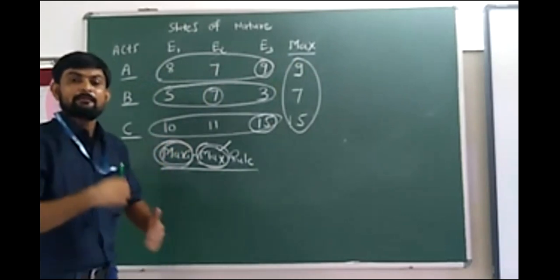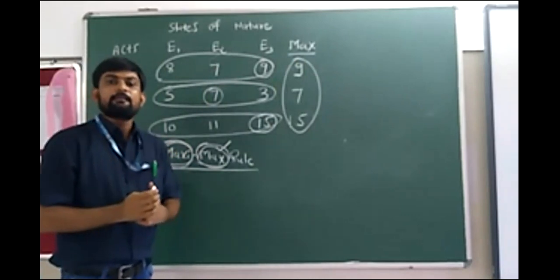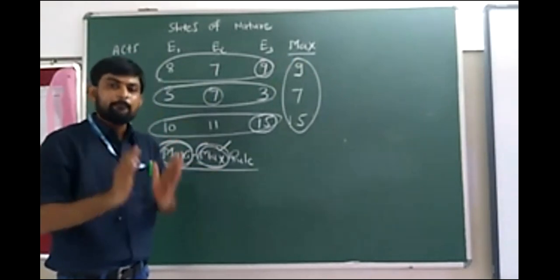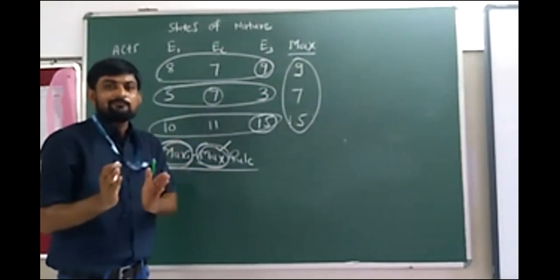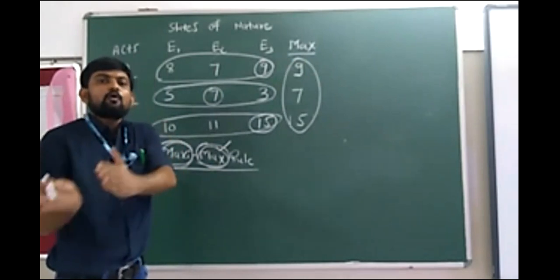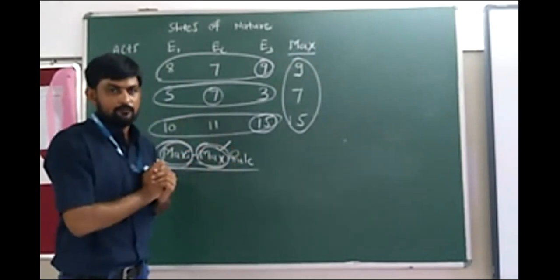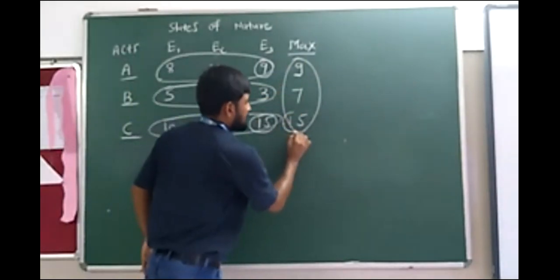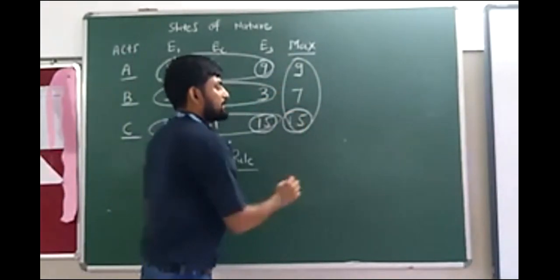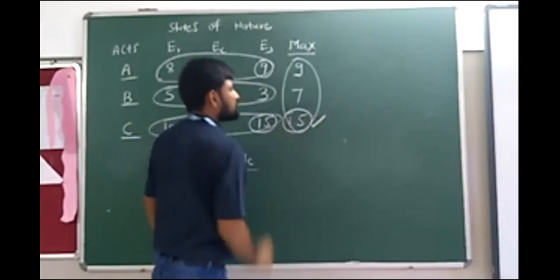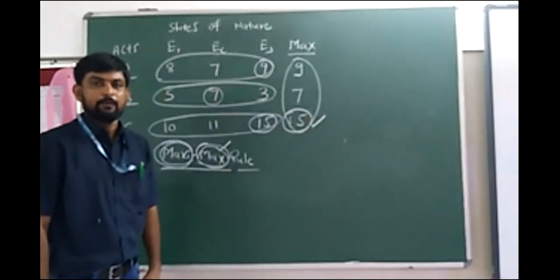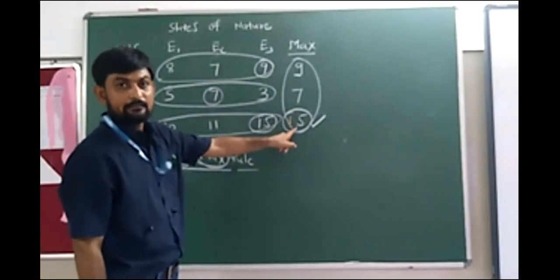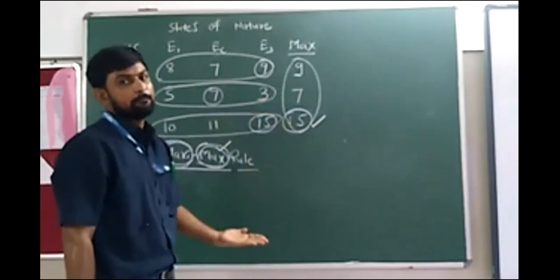That means in Maximax criteria, a decision maker will select that act as the best act which gives the maximum of the maximum payoff. So this is my maximum, and out of this again we'll select that act as the best act which has maximum payoff, and here the maximum payoff is 15. So 15 rupees is the maximum of the maximum payoff.